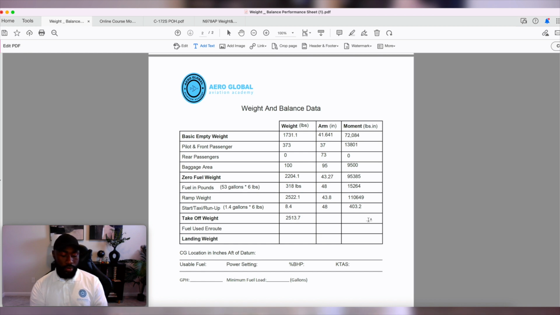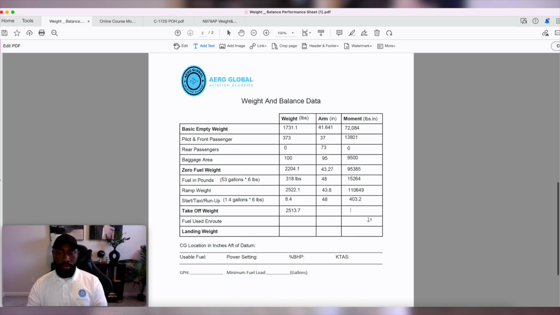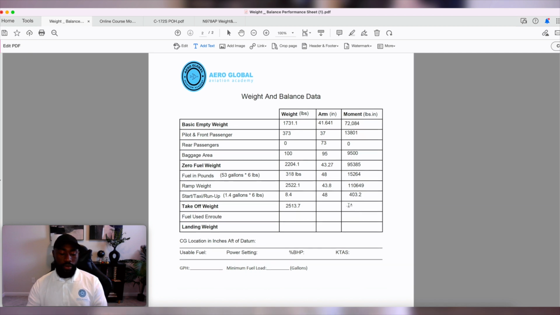So we subtract that and divide by the total weight to get the arm for the takeoff weight. If we subtract that, we get 0.245.8, and we basically just divide that by the total weight.